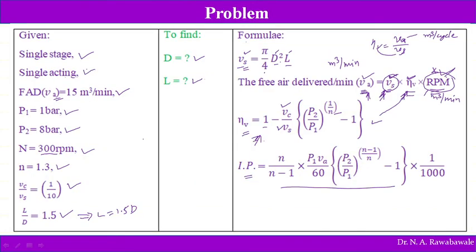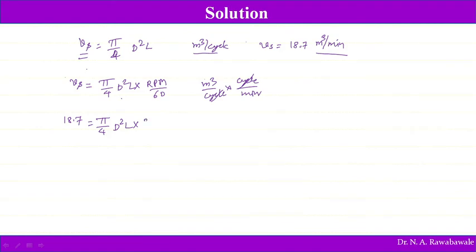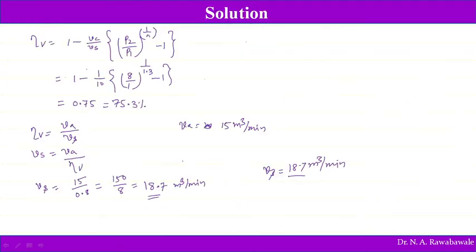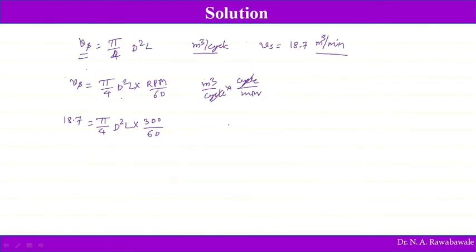RPM given is 300 divided by 60. So here one more thing is given in this problem. L is equal to 1.5 times D.